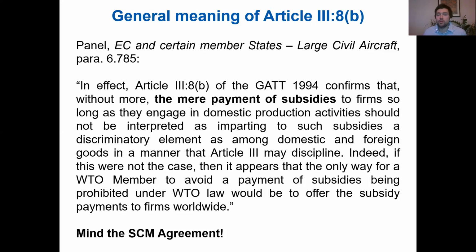Indeed, if this were not the case, then it appears that the only way for a WTO member to avoid a payment of subsidies being prohibited under WTO law would be to offer the subsidy payments to firms worldwide. As long as we all understand governments are not ready to offer subsidy payments to firms worldwide, they introduced this provision. So just the fact of paying the subsidy to domestic producers is permitted.